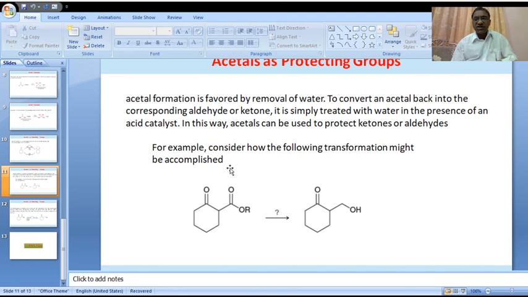In this short time we cannot cover this reaction. Tomorrow we'll discuss acetals as protecting groups clearly with the mechanism part.